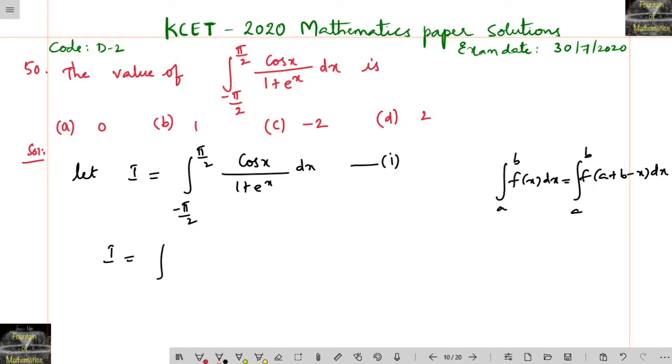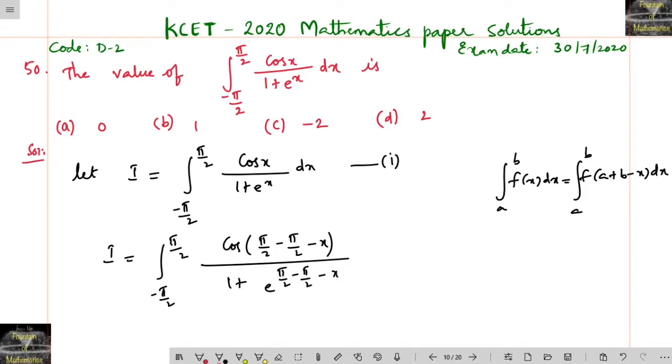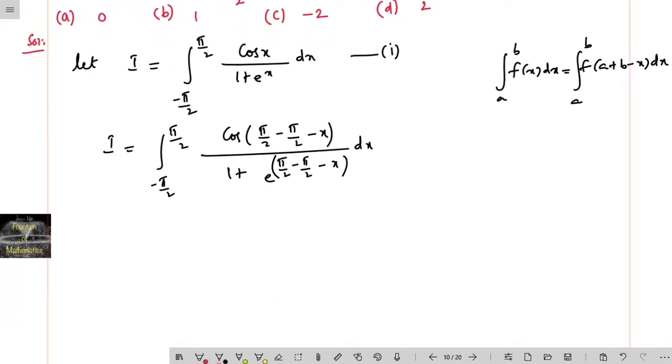I is equal to the integral from −π/2 to +π/2 of cos of (π/2 − π/2 − x), that is a + b − x, divided by 1 + e to the power of (π/2 − π/2 − x) dx. And this we can also write as I equal to the integral from −π/2 to +π/2 of cos(−x), which becomes cos x, the π/2 cancels, and here we get 1 + e^(−x).